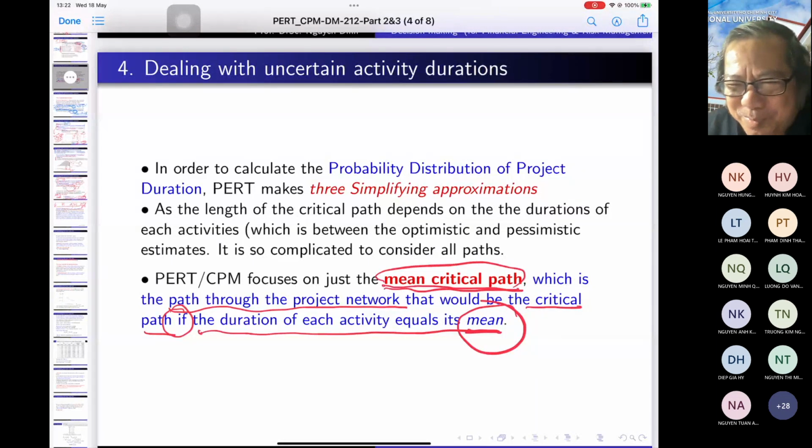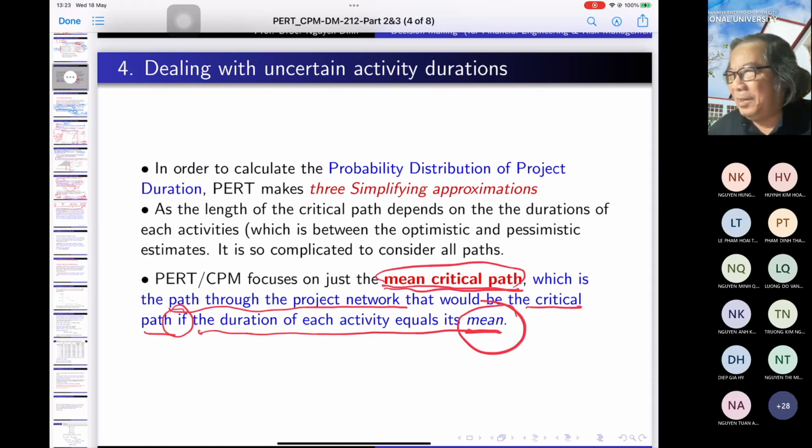Is that okay? In the chapter of network models, you have a network, and we have a problem of finding the shortest path, connecting some nodes to another node. Yes. You still remember, I think.